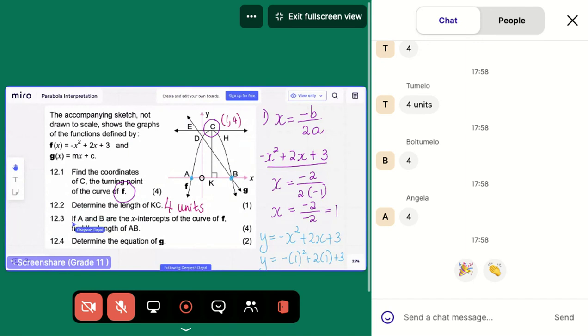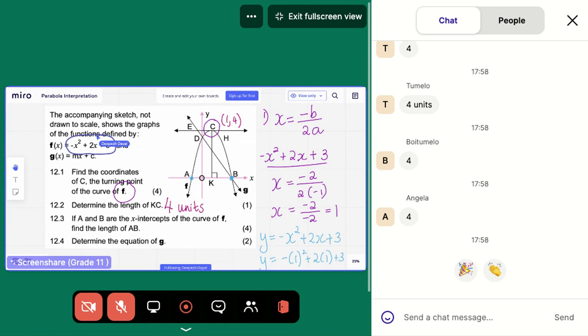We use factorization to find AB, right? So we've got the equation here, minus x squared plus 2x plus 3, and we need to factorize that into 2 brackets to find the x-intercept.